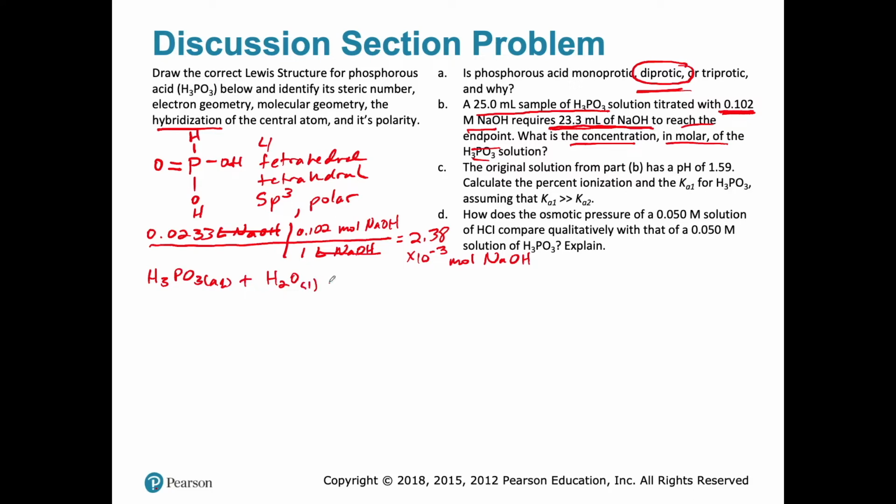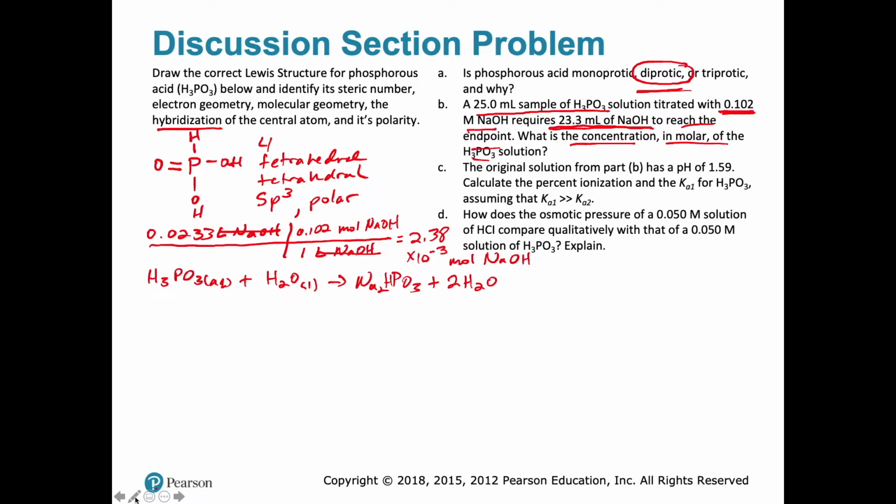And then what you get at the end is the sodium salt of it, which is Na2HPO3 plus 2 waters. What happened to the sodium hydroxide? Why isn't that in there? Oh, just because I screwed up.